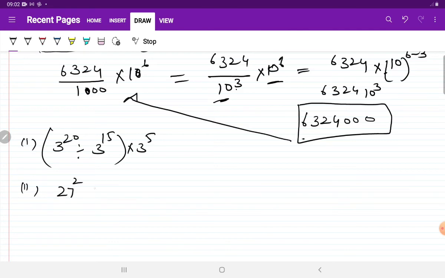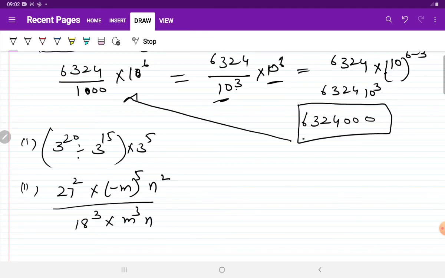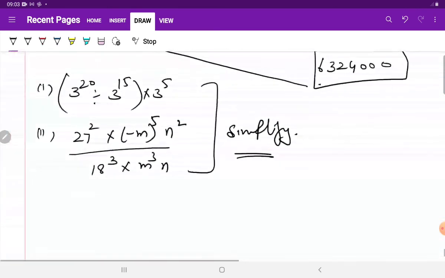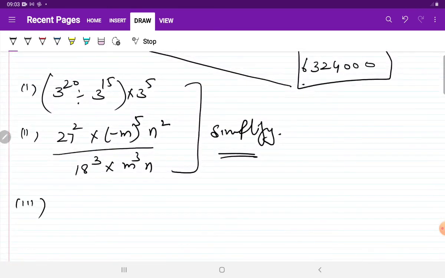And one more question under simplification: 27 raised to power 2 into minus m raised to power 5 n square divided by 18 raised to power 3 into m cube n. So this you have to simplify. Okay. Next question is, express the following number in scientific notation.